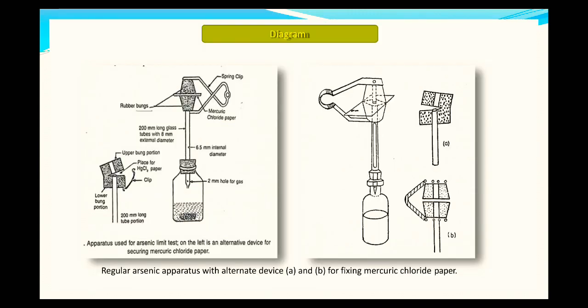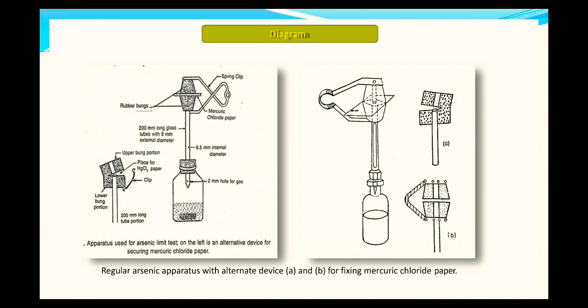Next we'll see the diagram of the Gutzeit apparatus. Regular apparatus with an alternate device. This is shown in figure A and B for fixing mercuric chloride paper.